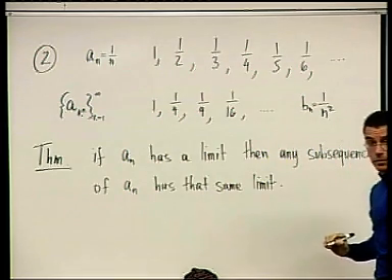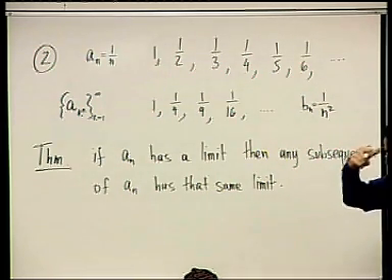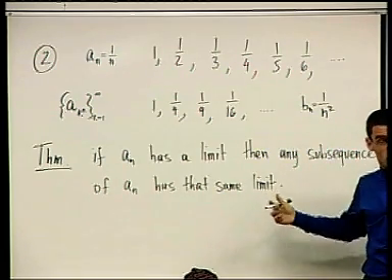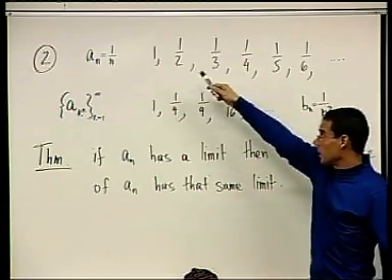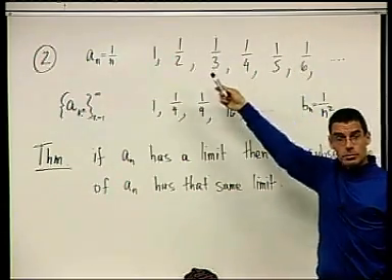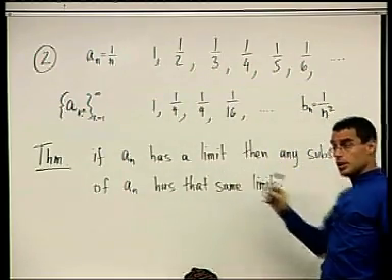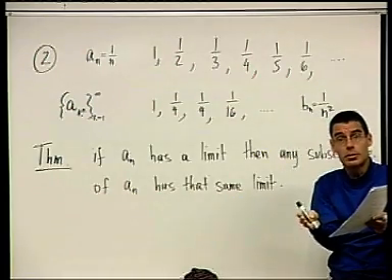Including infinity and minus infinity. And this, I'm not going to write the proof, but let me say it. It should be very convincing. If your sequence, like this one, converges to 0, what does it mean in terms of the definition? That if you go far enough, everybody's going to be close to 0.